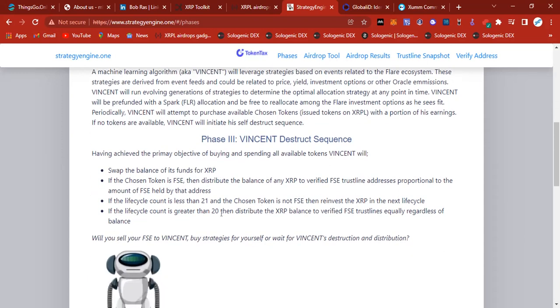So it's going to switch the funds for XRP. If the chosen token is FSE, then it will distribute the balance of any XRP to verified trust line addresses, proportional to the amount of FSE held by that address.